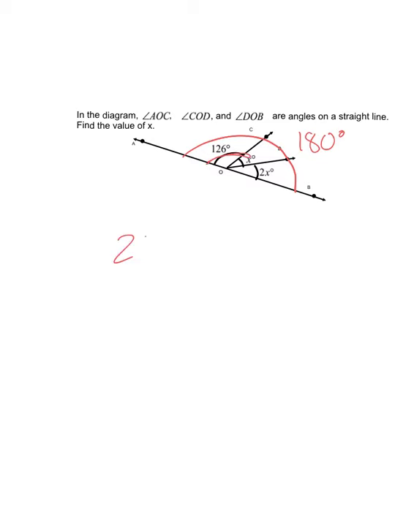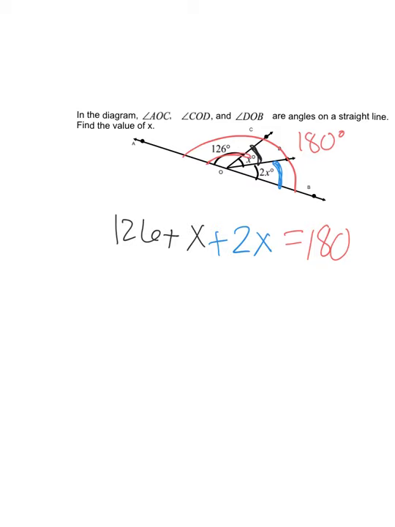I've got 126 plus this one, which is X, plus this one, which is 2X, and all of that adds up to be 180. So that is my equation.